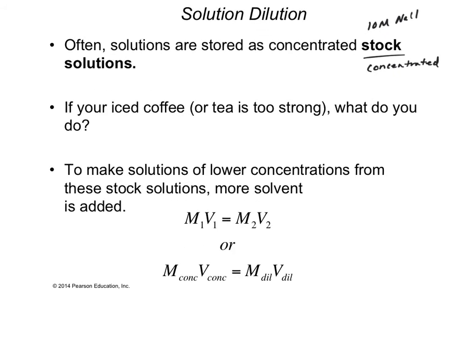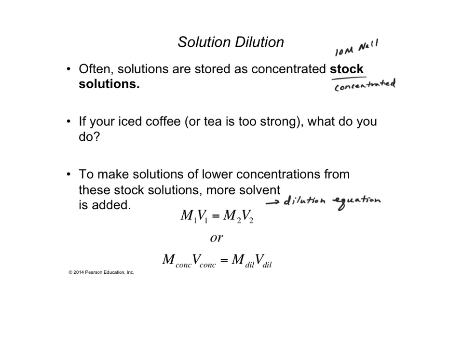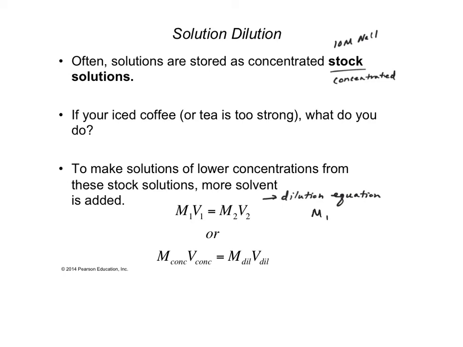Now, there's a little equation that makes these calculations really easy, and it's called the dilution equation. There are a couple of different ways that you can see it, depending on what class you're in. We use M1V1 = M2V2, where the M's stand for molarities, so molarity 1 and molarity 2, and the V's are volumes.